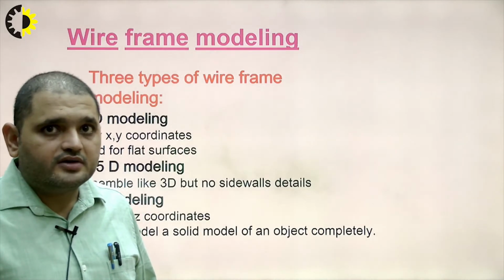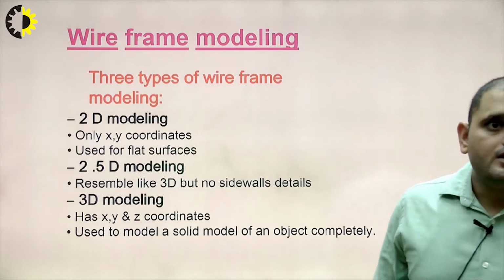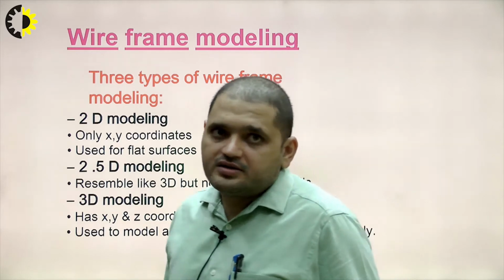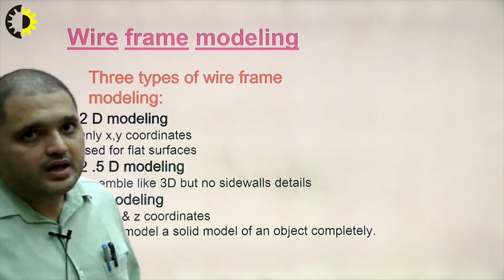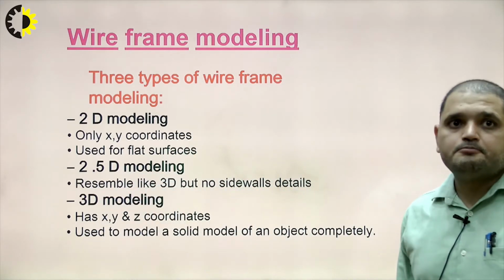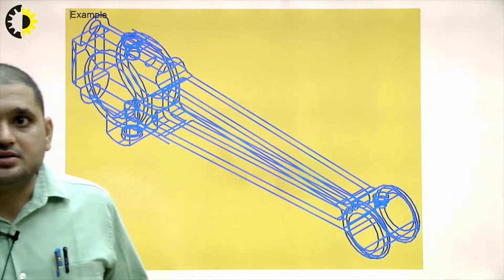Wireframe modeling, I have already told you, is made up of edges and vertices. Basically there is 2D modeling, 2.5D modeling and 3D modeling. I already told you that 2.5D modeling resembles 3D, but without side wall details. So, this is a wireframe model.